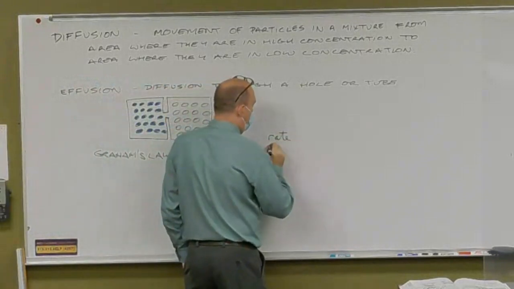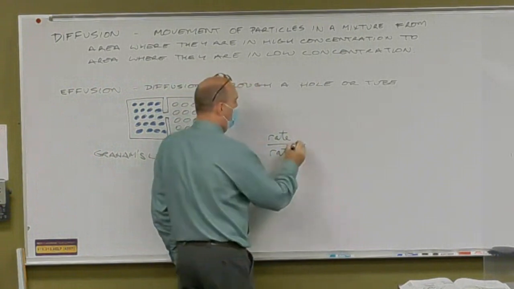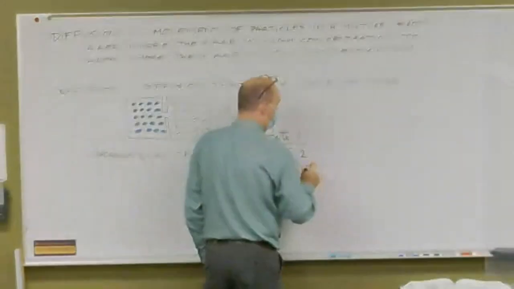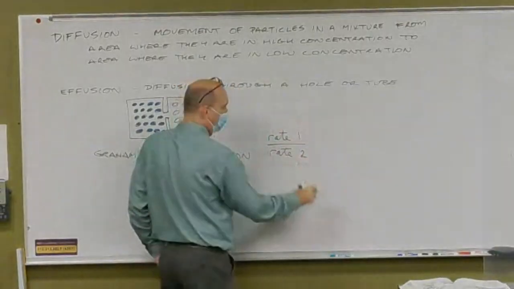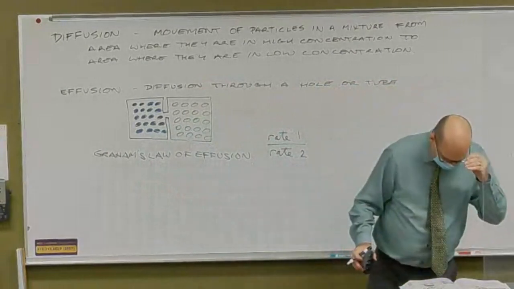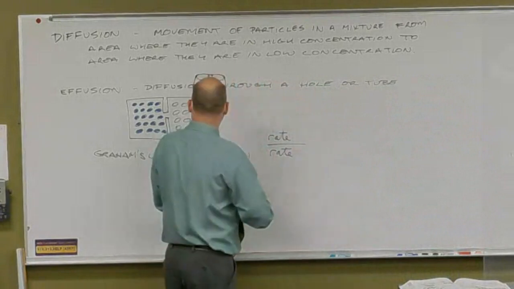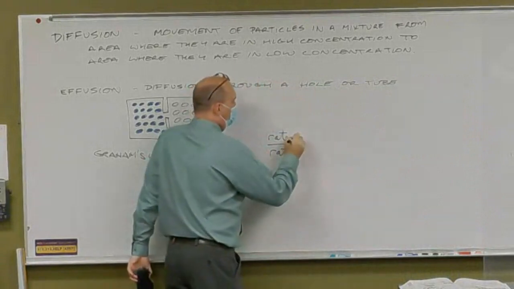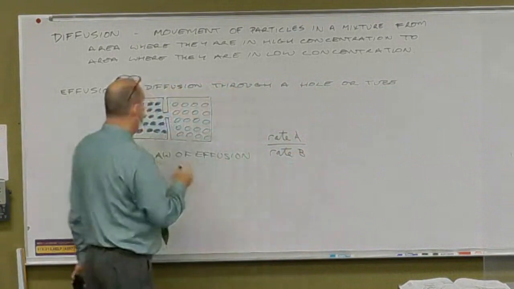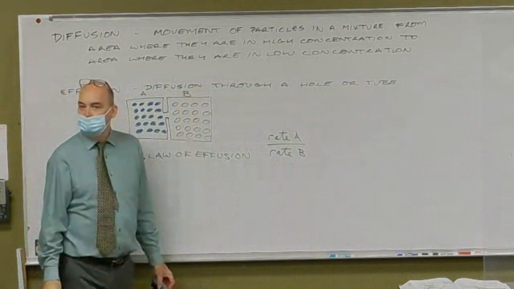It says if I have two gases, the rate of the first one divided by the rate of the second one. I'm not going to use numbers. I'm going to call these A and B. I think our book uses 1 and 2. Yeah, let's not use 1 and 2 because that feels like it's a number. The rate of A divided by the rate of B. Let's have this one be A and that one be B. There you go.